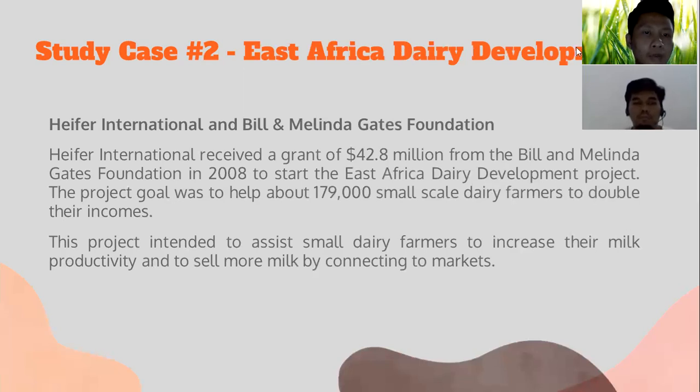The project goal was to help about 179,000 small-scale dairy farmers double their incomes. This project intended to assist small dairy farmers to increase their milk productivity and to sell more milk by connecting to the market.